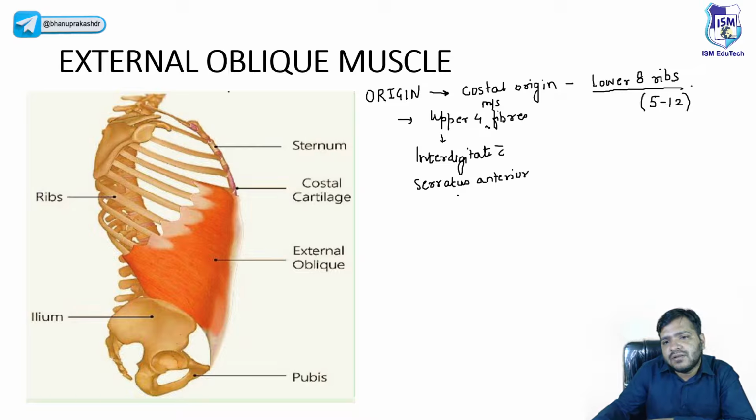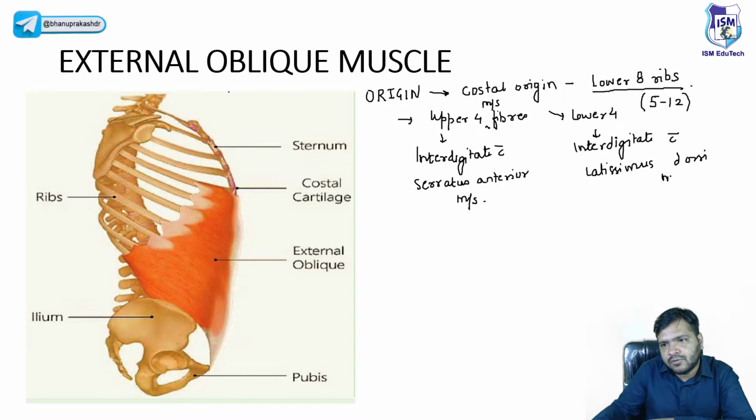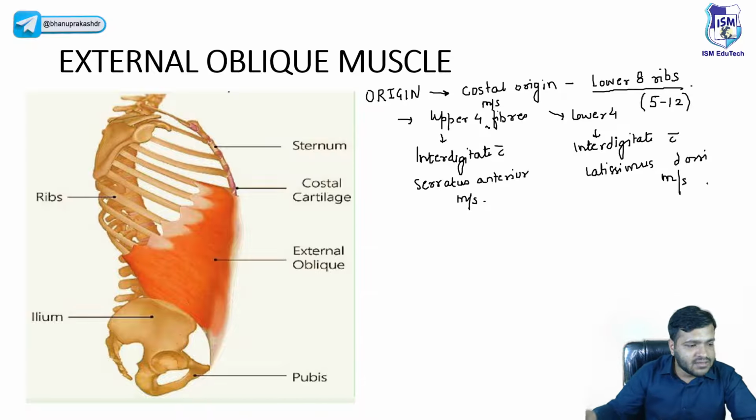Serratus anterior muscle, and the lower 4 basically they interdigitate with latissimus dorsi muscle. Latissimus dorsi muscle. Now beta, coming on to the insertion part. Insertion part.